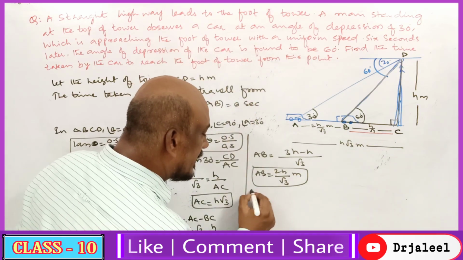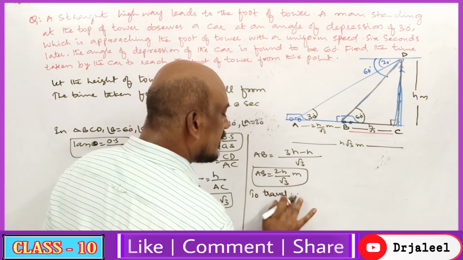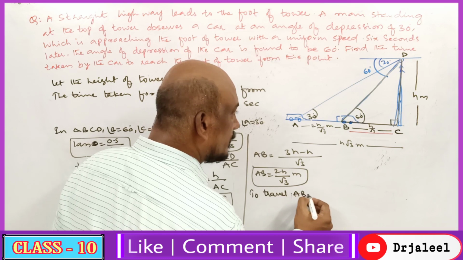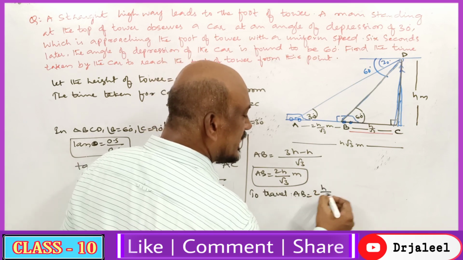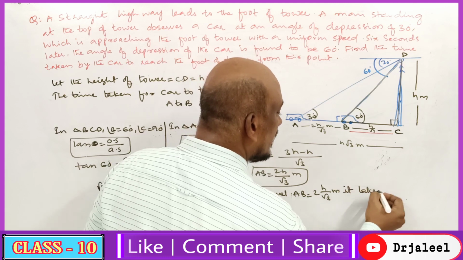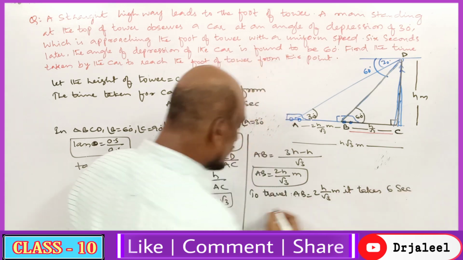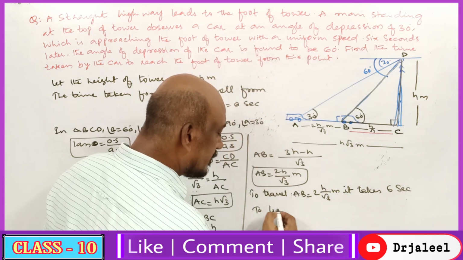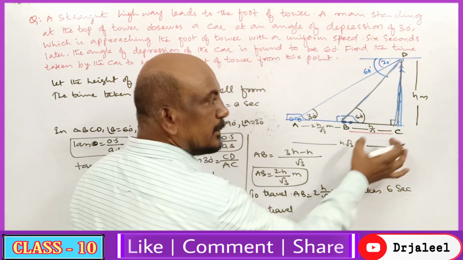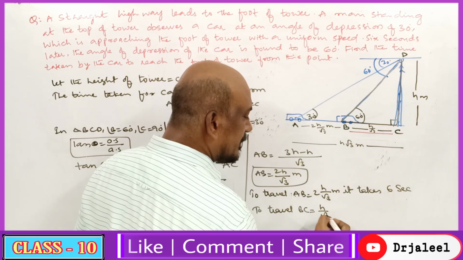So to travel AB, which is 2H by root 3 meters, it takes 6 seconds. Then to travel BC, that is equal to H by root 3 meters.